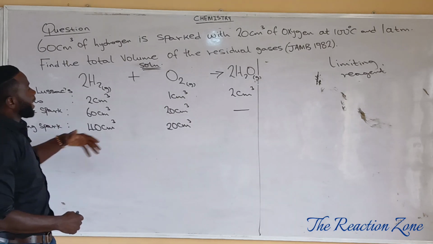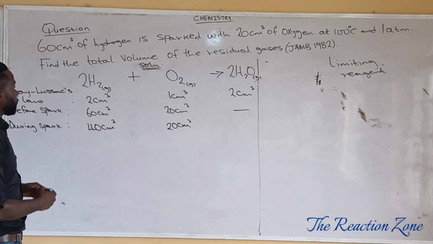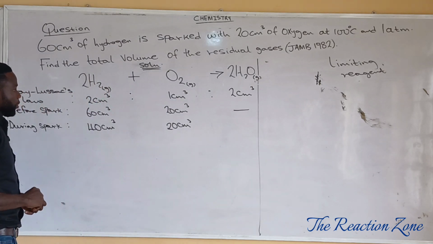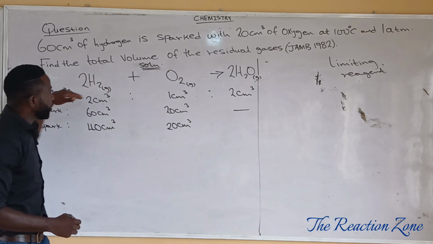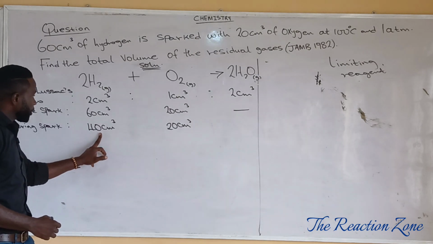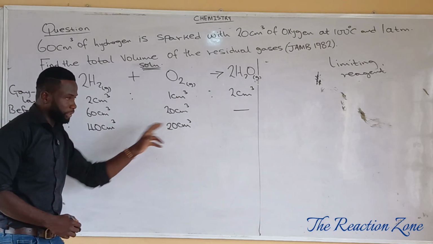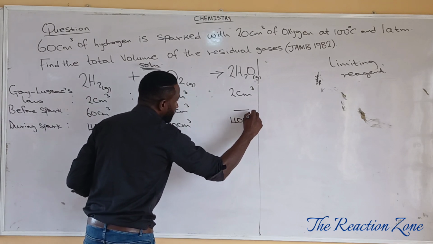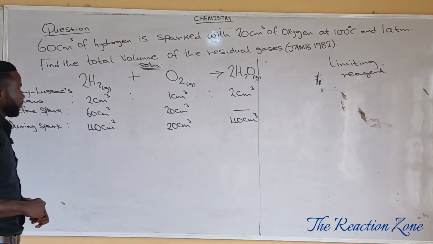Now, when you consider the product, the ratio of combination is 2:1:2. So to ensure that this ratio is maintained, if 40 cm³ of hydrogen is combined with 20 cm³ of oxygen, it means that 40 cm³ of steam will be formed.